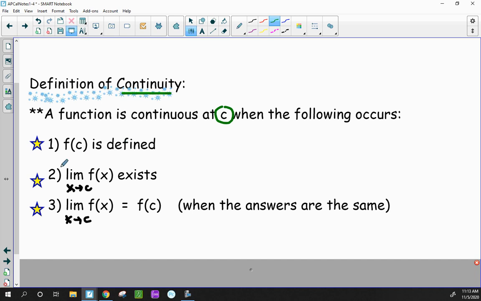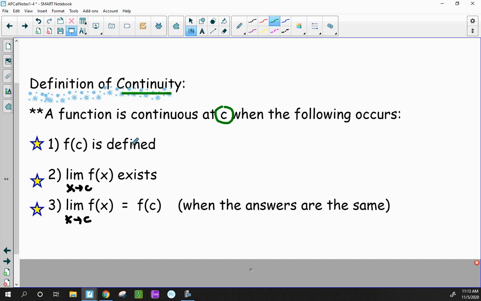Number 2, second thing that has to happen is the limit of f of x as x approaches c exists. And number 3, when number 1 and number 2 are met and they both have the same answer, then it's going to be true.